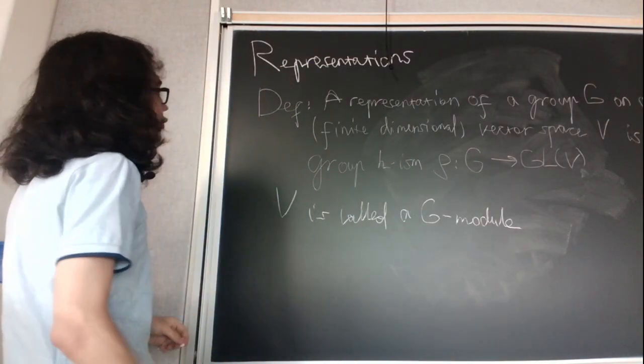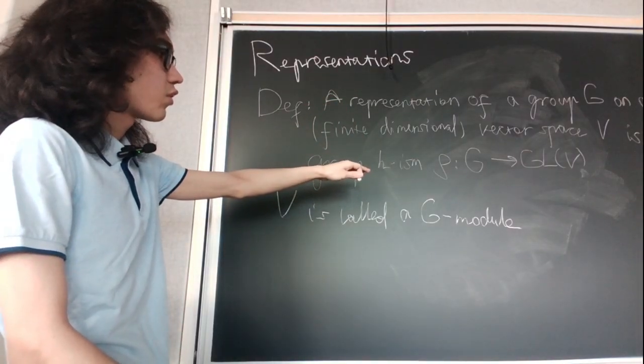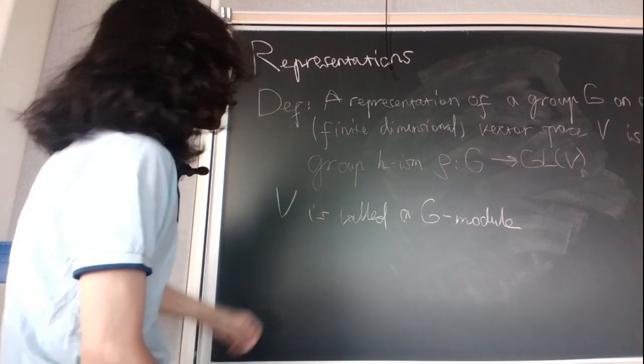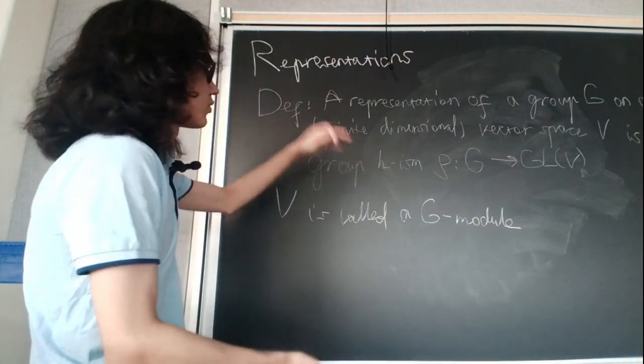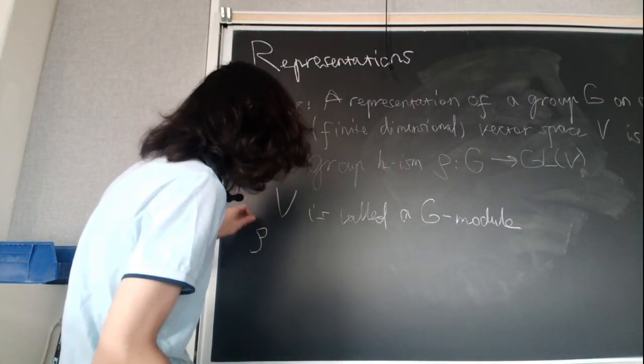A thing to note: sometimes it is fairly clear what rho is, or maybe we're talking about something that applies to all representations for a given group in V, or the choice of rho is unambiguous.